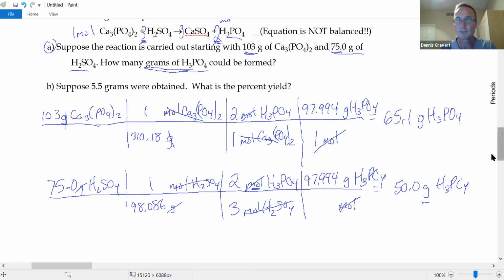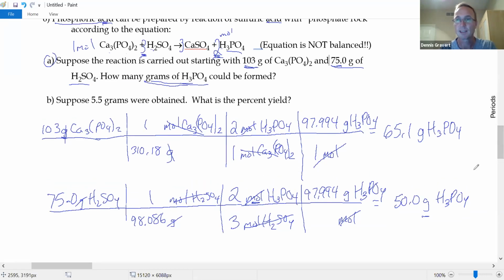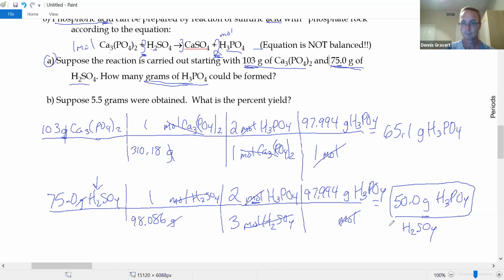The 3 significant figures. And so now what is the real answer when someone in the lab mixes 103 grams of calcium phosphate with 75 grams of sulfuric acid? Well, the sulfuric acid can only make 50 grams before it runs out. This molecule, the H2SO4, is limiting. It limits how much product we can make.